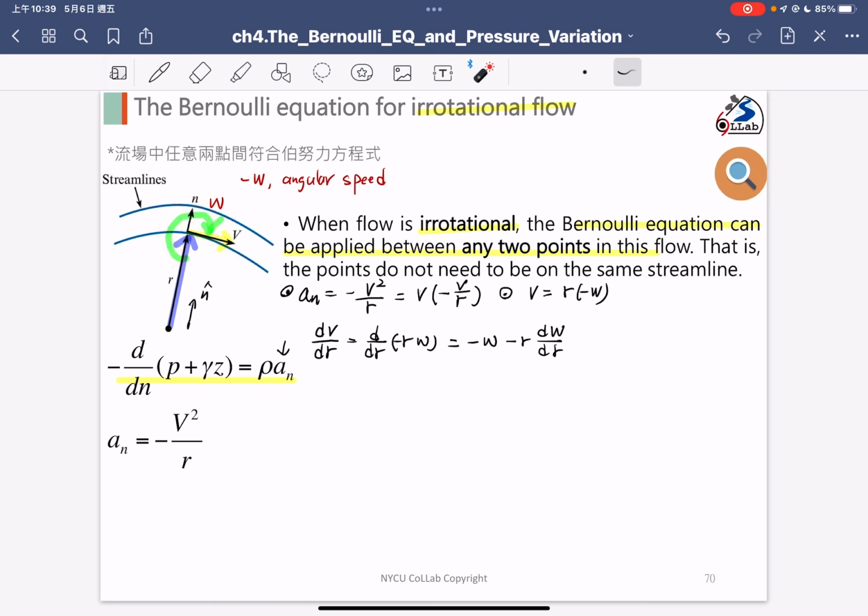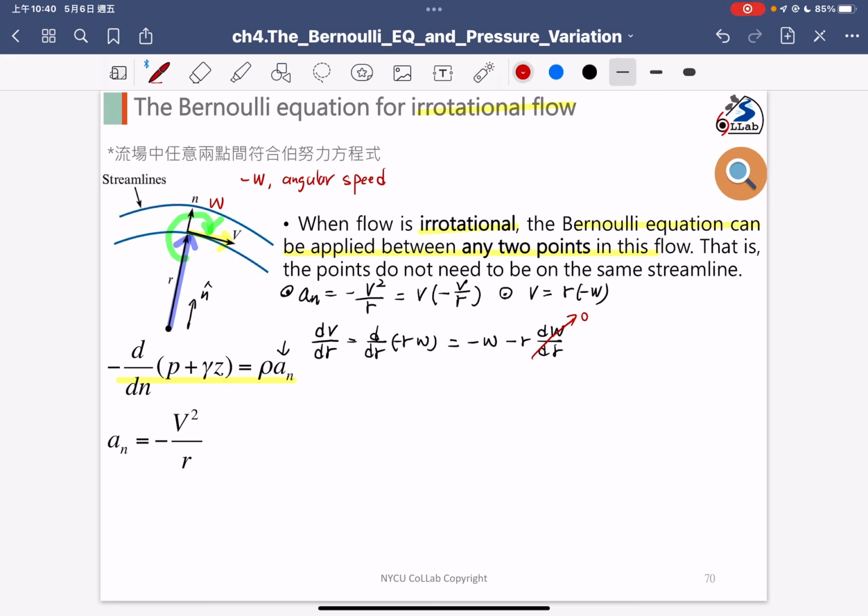If our condition satisfies these assumptions, this item will equal 0. So we assume d omega dr is equal to 0.